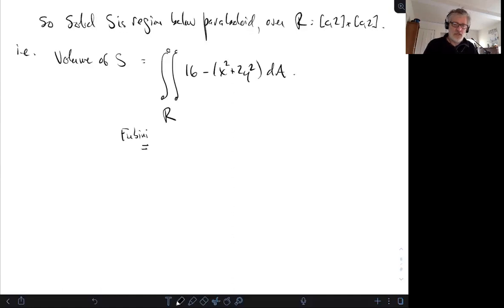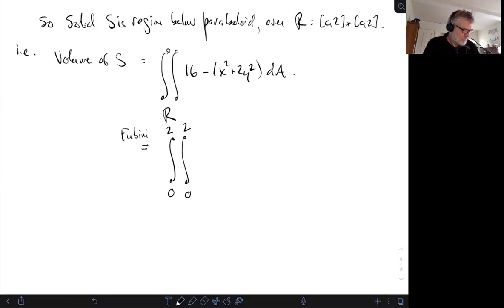So by Fubini, this is an iterated integral, and I can choose whichever order I want. Now, if you look at this polynomial, it's basically symmetric in x and y. There's this coefficient of 2, but it's not going to change anything. So you just pick one of them, and it's going to be fine.